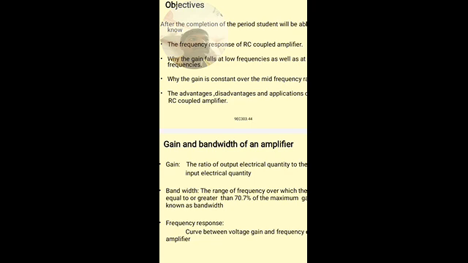In between those two frequencies, all the frequency components between the points where the gain is greater than or equal to 70.7% of the maximum get amplified uniformly.